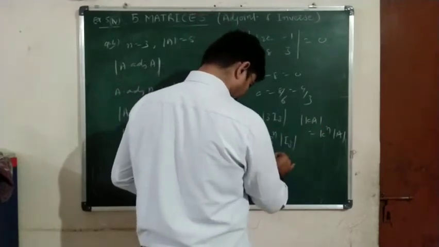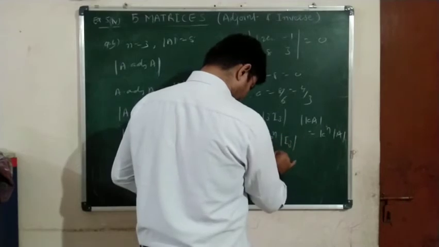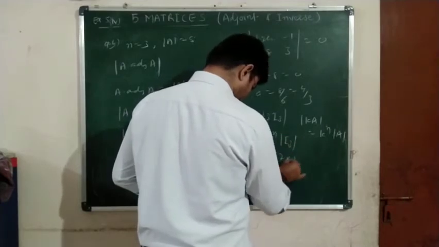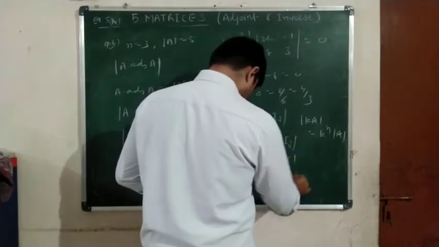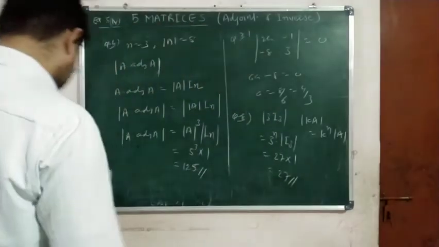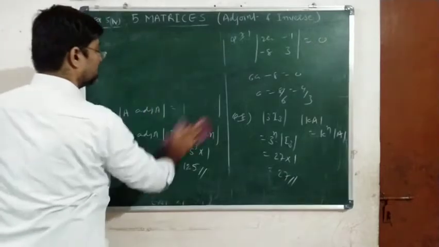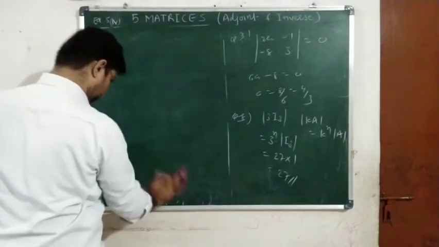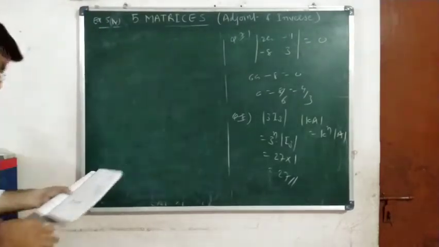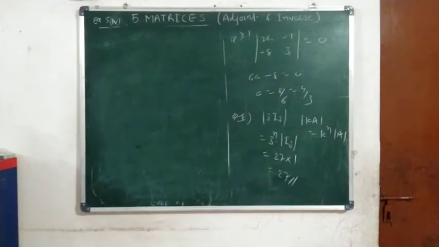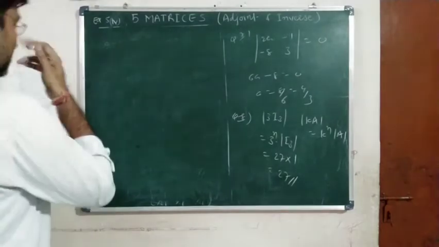So 3 raised to 3, that is 27. Yes or no? So 27 into 1, the answer will be 27. Okay, now we have completed 8. Now we will solve question number 9.